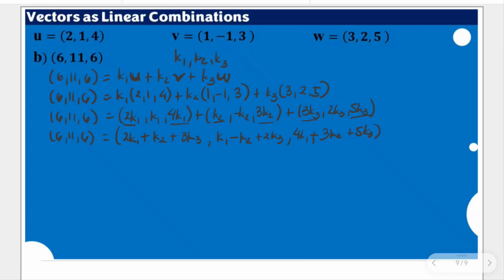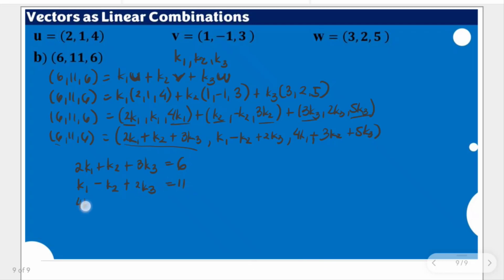Since we assume that they are equal, each entry equals the corresponding entry of (6, 11, 6). Just by arranging it, using the symmetric property, I have 2k sub 1 plus k sub 2 plus 3k sub 3 equal to 6. Next, k sub 1 minus k sub 2 plus 2k sub 3 is 11.